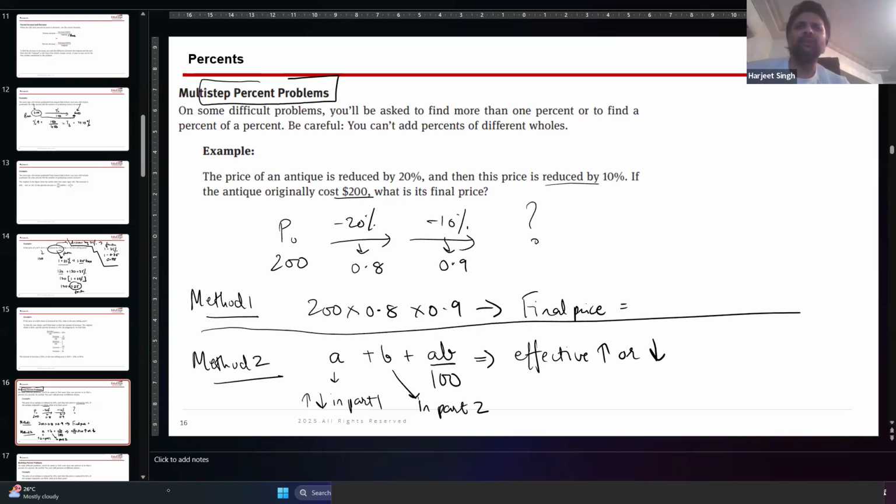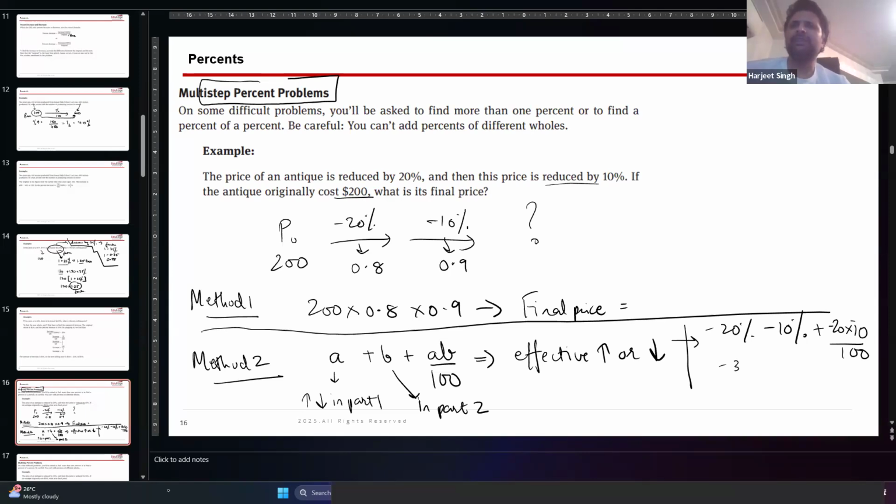In our problem, how do we use this? First it reduced by 20%, next it reduced by 10%. So the formula is A plus B, and then plus AB by 100, which is plus 20 into 10, minus minus, divided by 100. A minus minus will be plus.